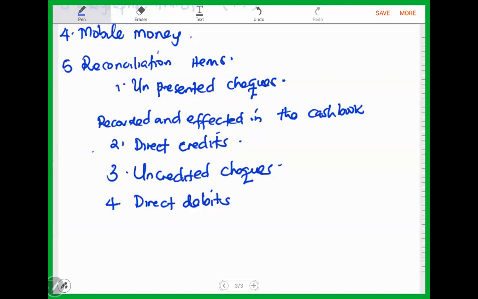We have payment of utilities like water, electricity, bank charges, interest charged, etc. All those can be direct debits onto your account without you being notified by the bank. The bank will simply effect such transactions, and once you get your bank statement, that is when you know there were some bank charges and some interest charges that were made.